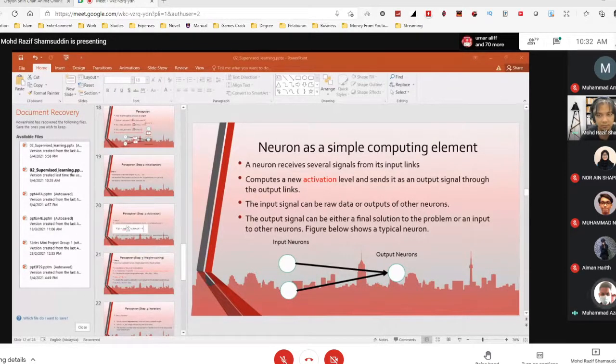After that, wait. I forgot that one. Okay. Weight training and then iteration. Iteration. Okay. Alright. There are only 4. That's it. But then you can elaborate.